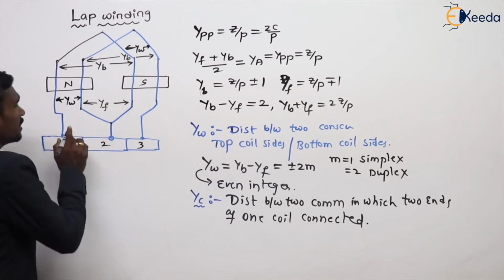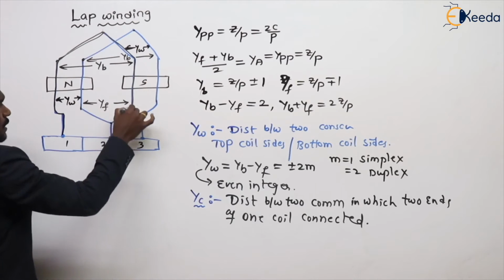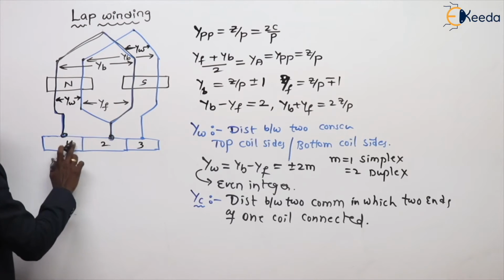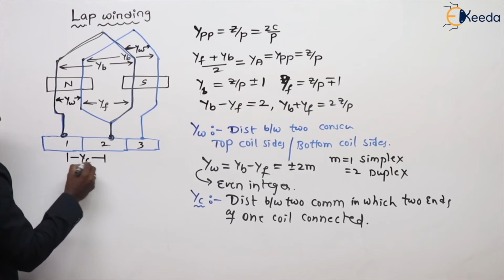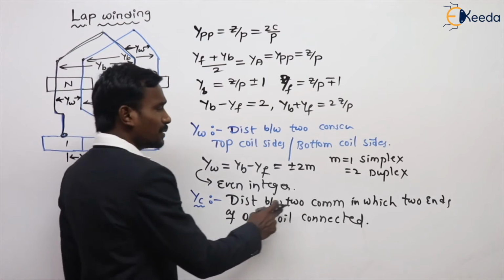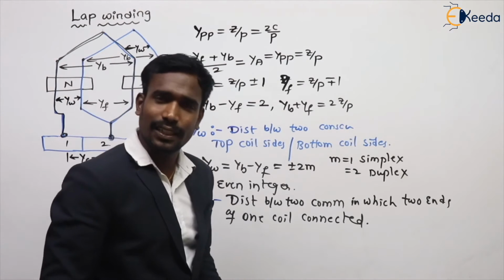See here, for example, this is my one coil. This one coil's two ends are connected to these two commutators. So commutator pitch is nothing but the distance between these two commutators in which two ends of one coil are connected.